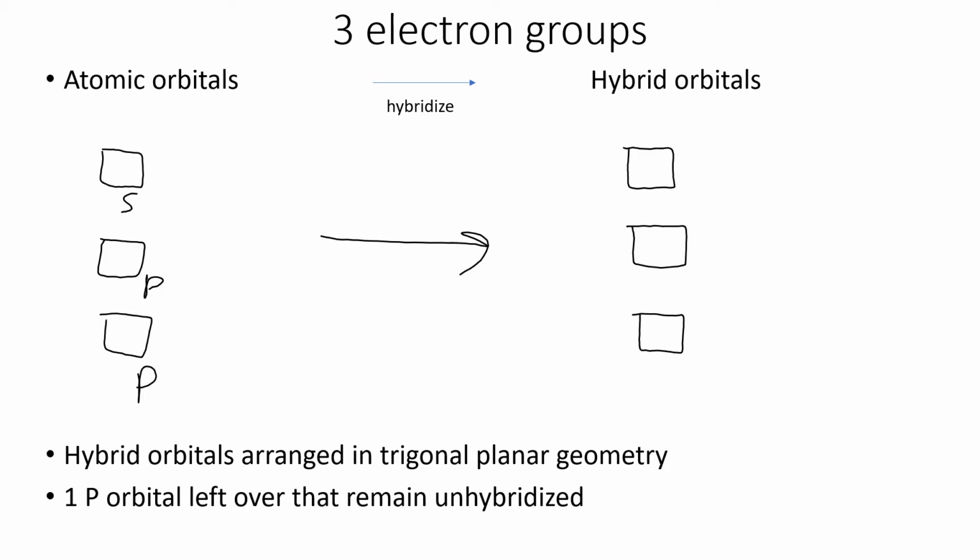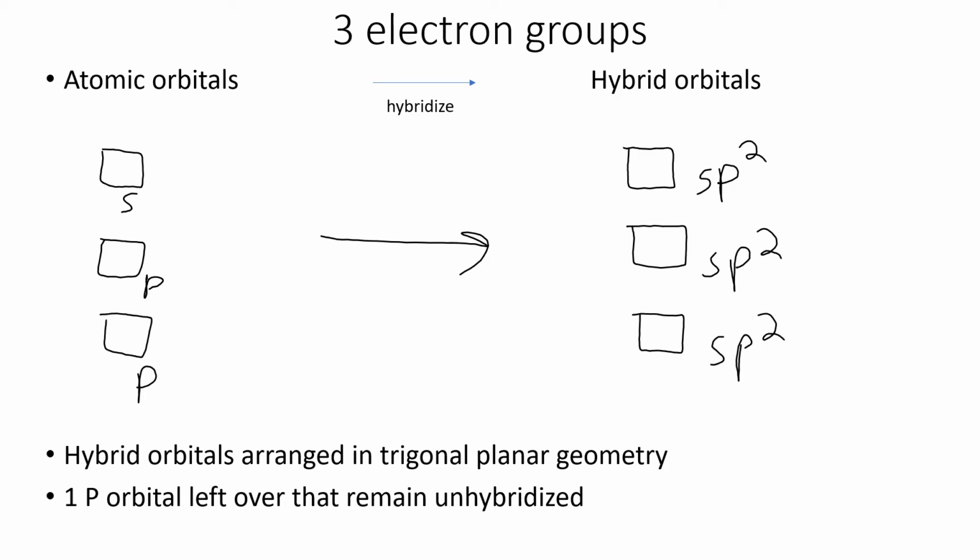Well, the result of those three hybrid orbitals is they'll all be identical in size and shape. What will they look like? Well, they look like the combination of an s and two p's. So we call this type of hybrid orbital sp2. So these are sp2 hybrid orbitals, or we have sp2 hybridization.